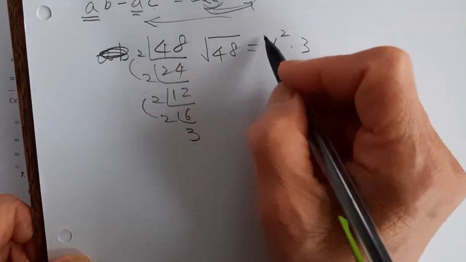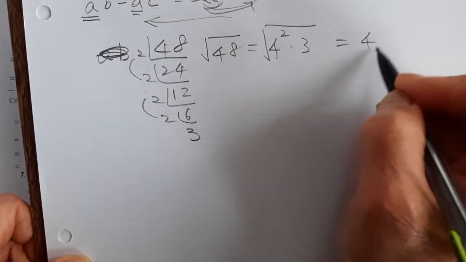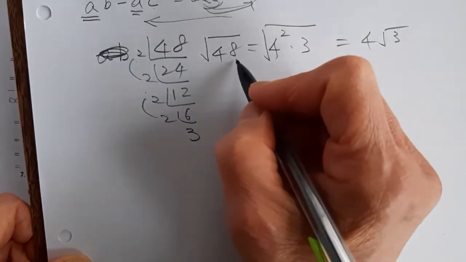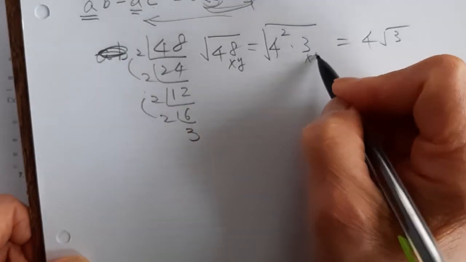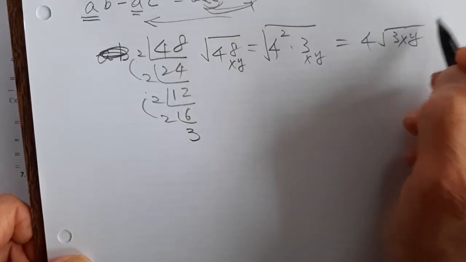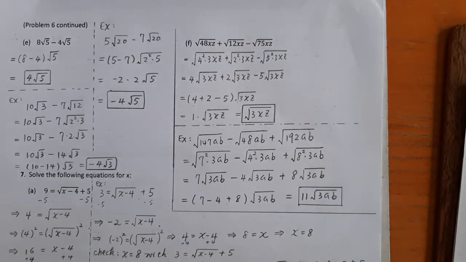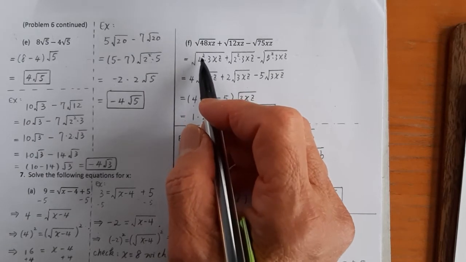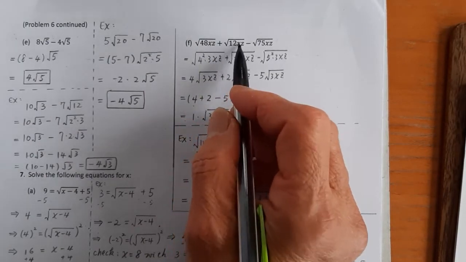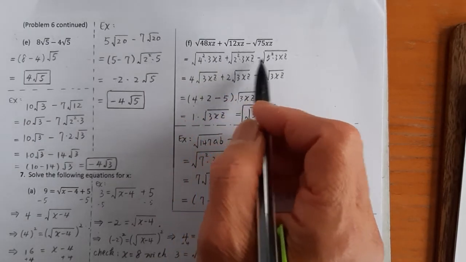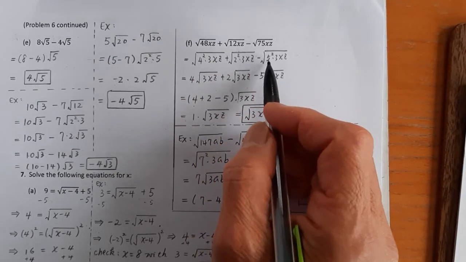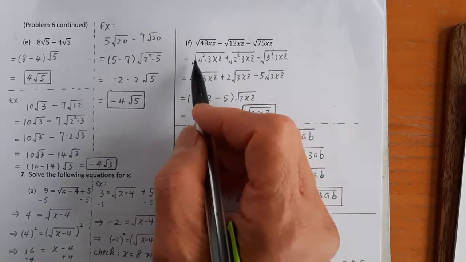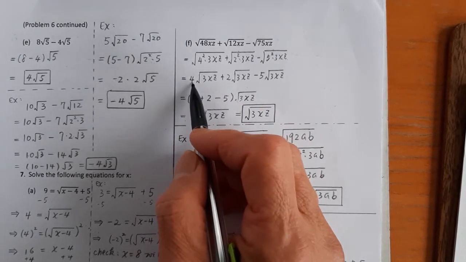And then you take square root out, so get 4 square root of 3. And here I have xz. So it's 48, it's 4 squared times 3xz. 12 is 2 squared times 3xz. 75 is 5 squared times 3xz. So 4 squared, square out is 4.